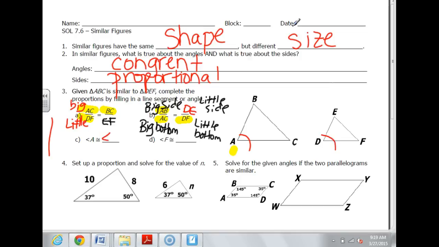So angle D. Now looking at the next one, we have angle F is congruent to what? Angle F is here. Where is F in the big triangle, or what's just like F? Angle C.